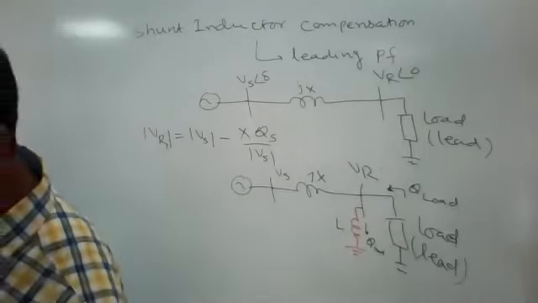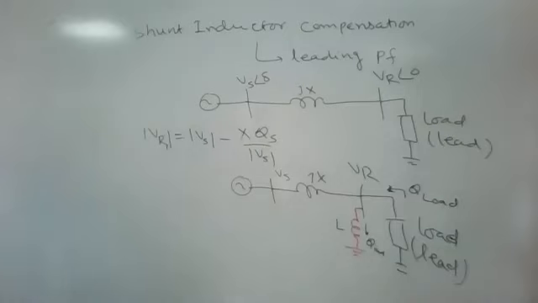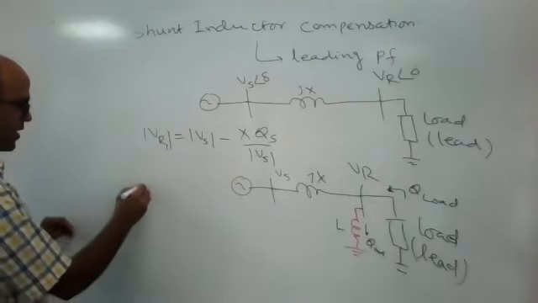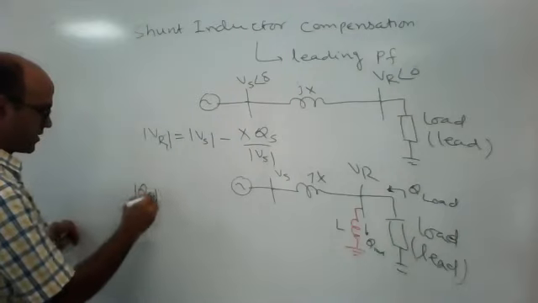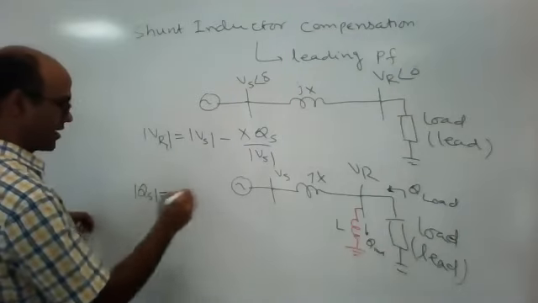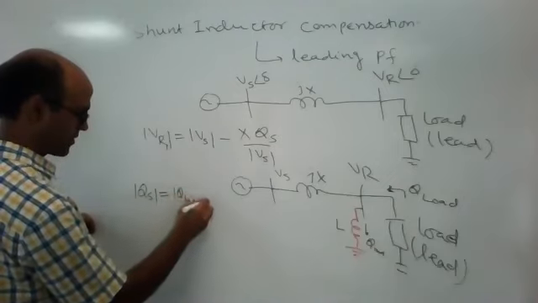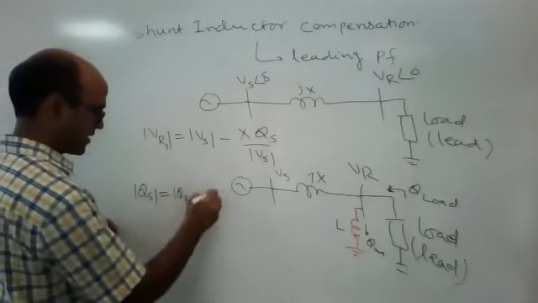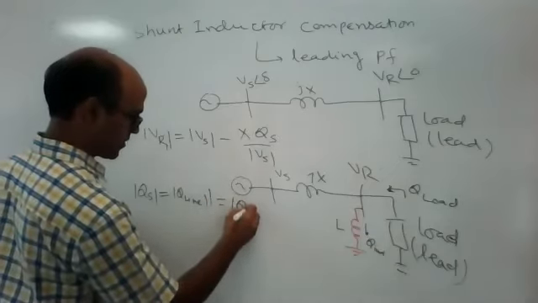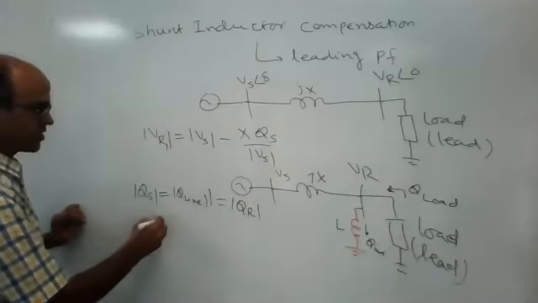So if you apply the reactive power balance equation, what is QS? The magnitude of QS you are assuming is the same as Q line, which is the same as QR.